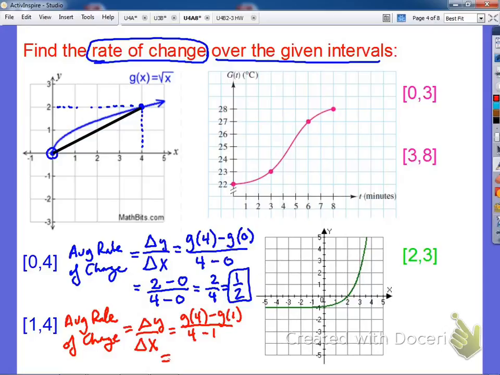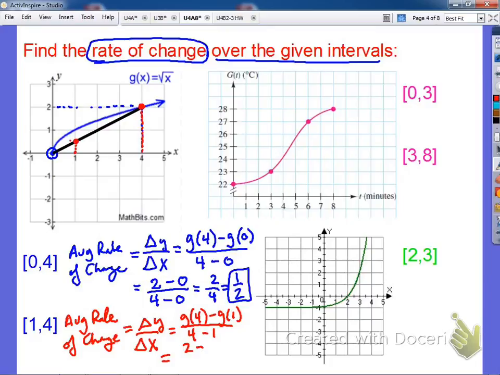So what is g of 4? What's the height when x is 4? 2. Minus, what's the height when x is 1?